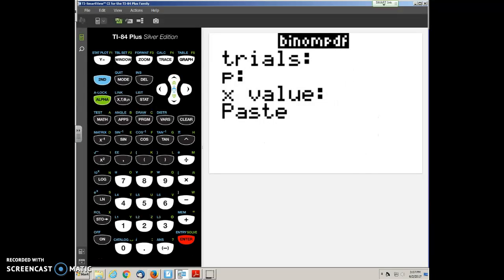And then some calculators are set up where you just do n, comma, p, comma, x, and then close parentheses. So n is 25, p is 0.30, and x is 25.